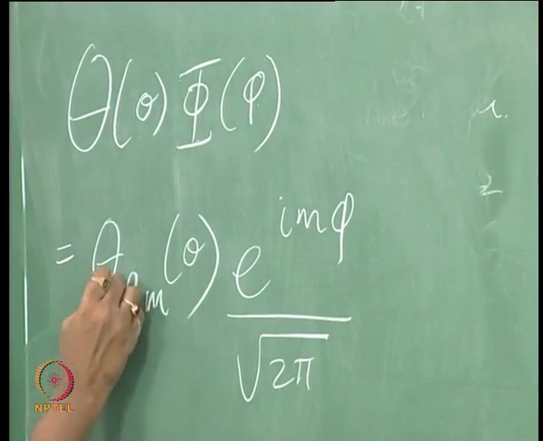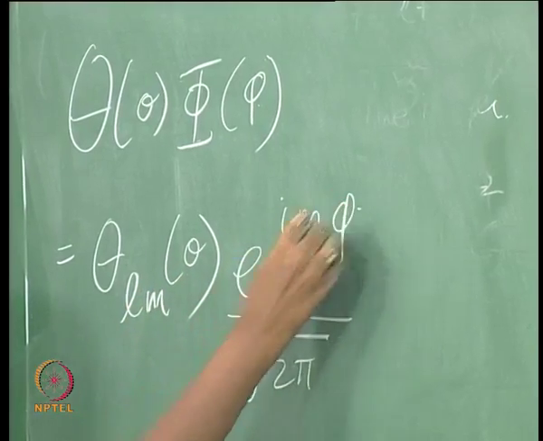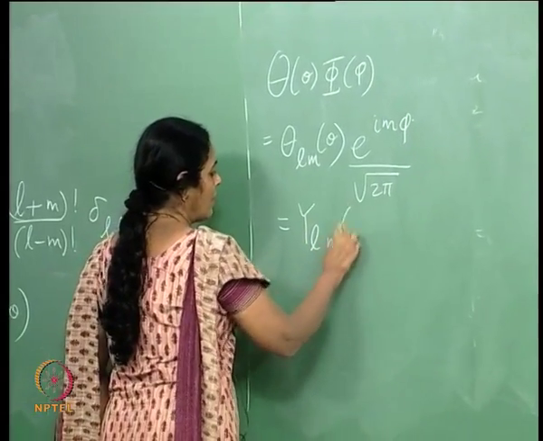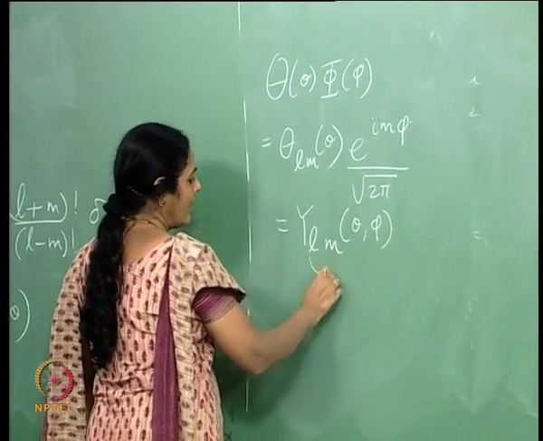And this object, theta Lm of theta e to the im phi by root 2 pi, is referred to as the spherical harmonics Ylm of theta phi.